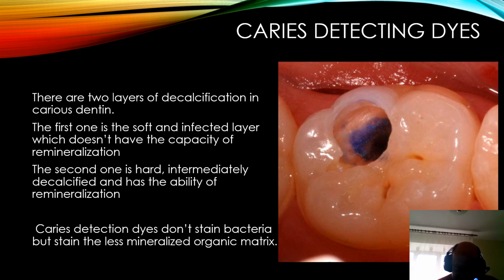Caries detecting dyes. You know that there are two layers of decalcification in caries dentine. The first one is the soft and infected layer, which doesn't have the capacity of remineralization. The second one is hard, intermediately decalcified, and has the ability of remineralization. Caries detection dyes don't stain bacteria, but stain the less mineralized organic matrix.